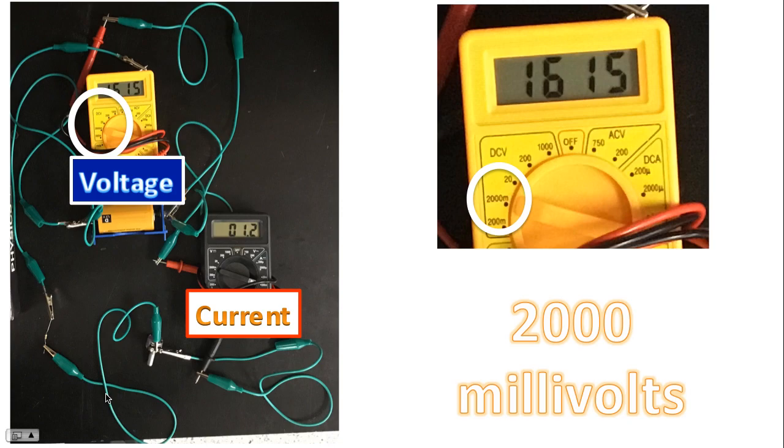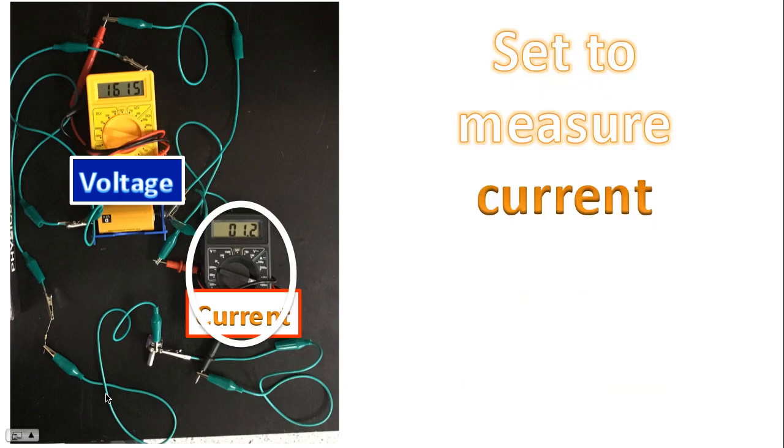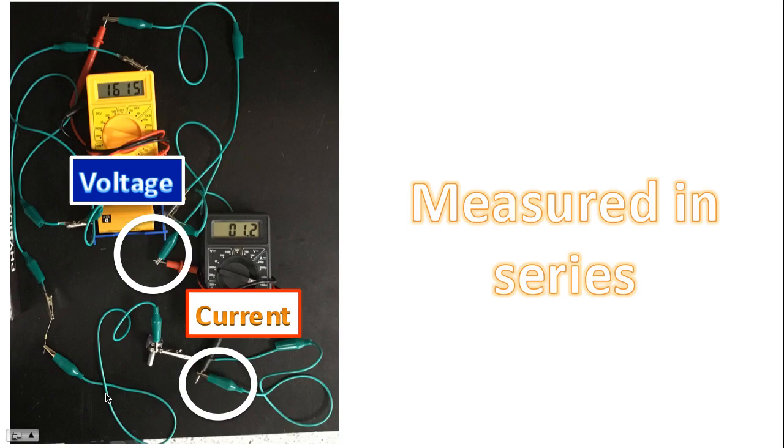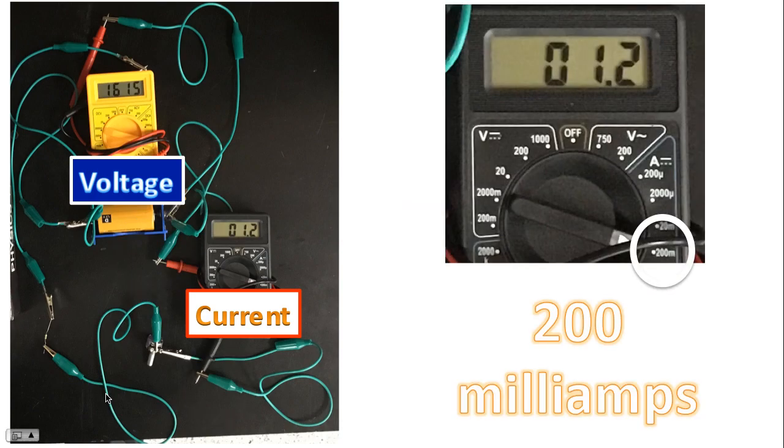The maximum voltage setting for this multimeter is 2000 millivolts. The second multimeter is set to measure current. The leads are placed in series with the circuit. And we've set the multimeter to read a maximum current of 200 milliamps.